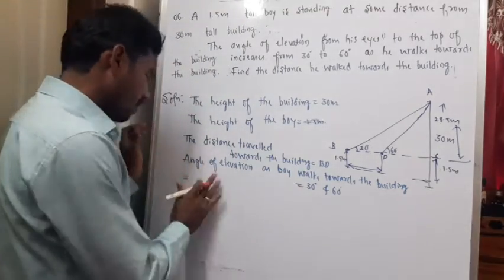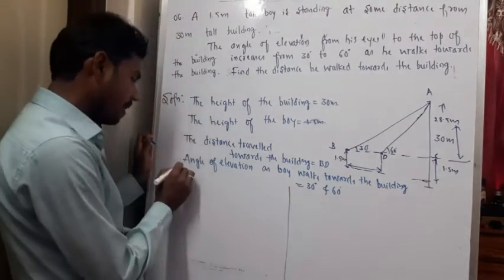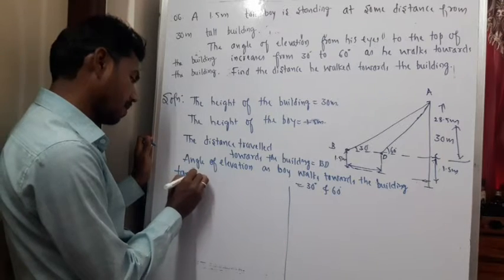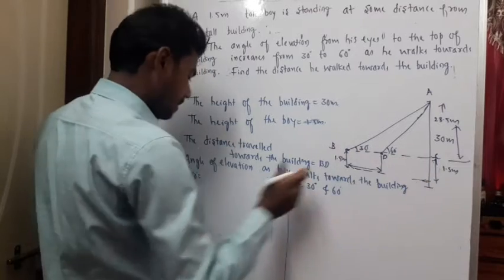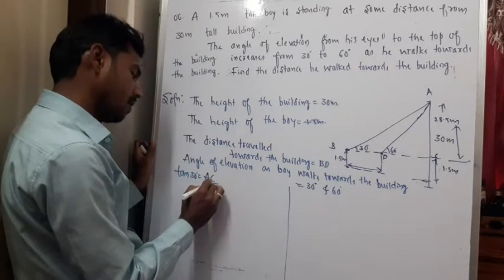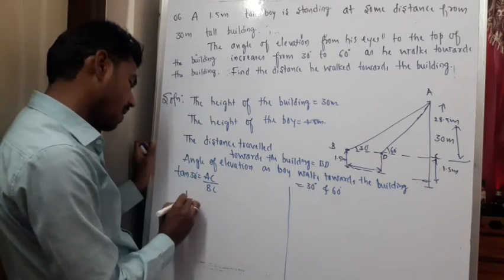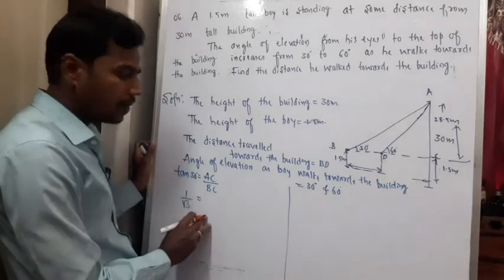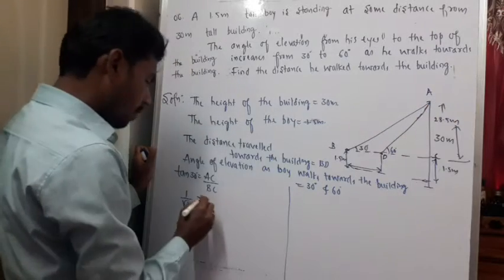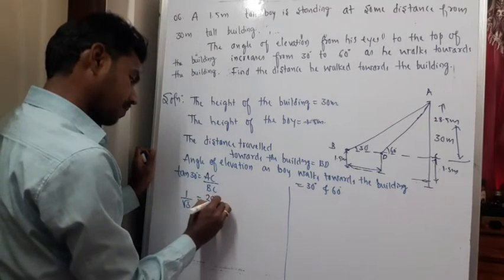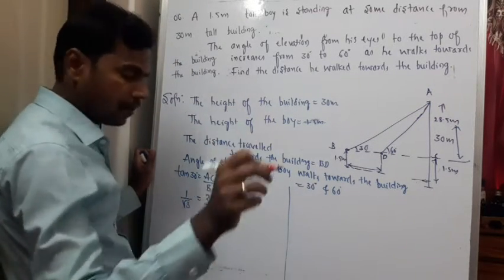Now first tan 30 degree is equal to AC by BC, which is equal to 1 by root 3. Tan 30 is nothing but 1 by root 3. What is AC? AC is 28.5 meter. BC we need to calculate.